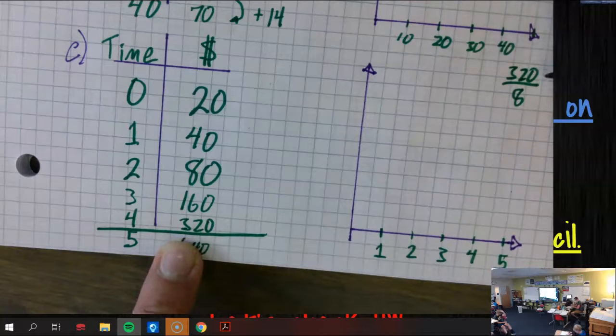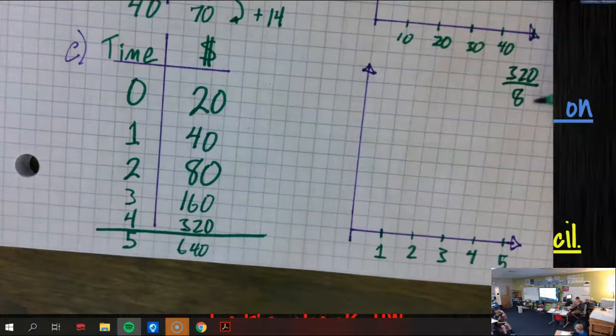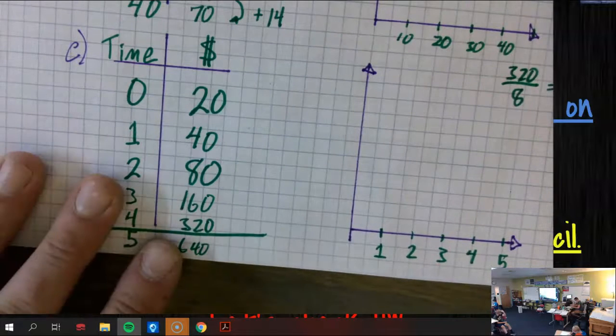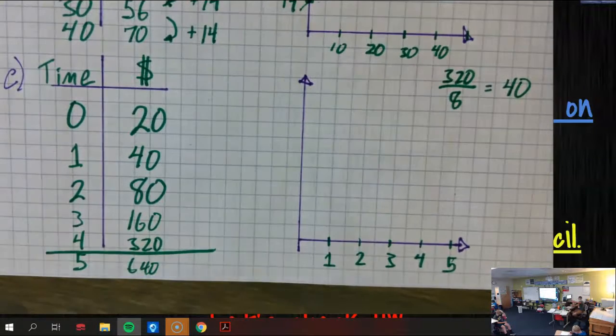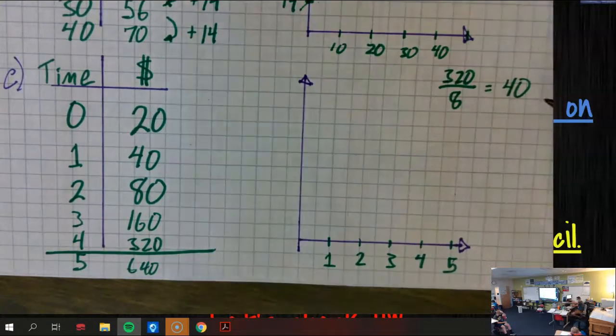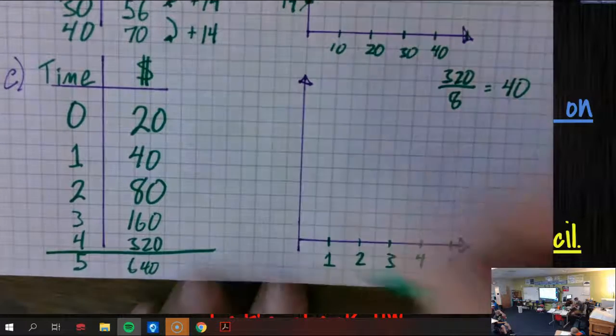And we do the division of the number that we need to get to divided by boxes. And this tells us each box should be 40. Now, the suggestion we had was to make each box 50, but I could actually make each box 40.